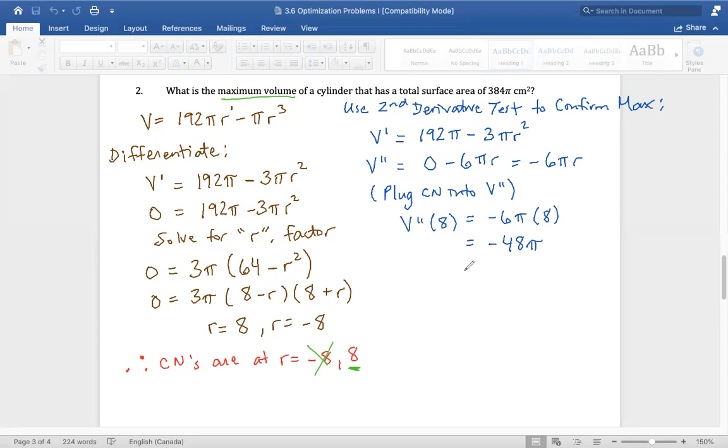which equals, if you do it on your calculator, I've got my answer here. Did I use 3.14 or pi? Negative 6, negative 48. Might have used pi. You end up with negative 150.796.